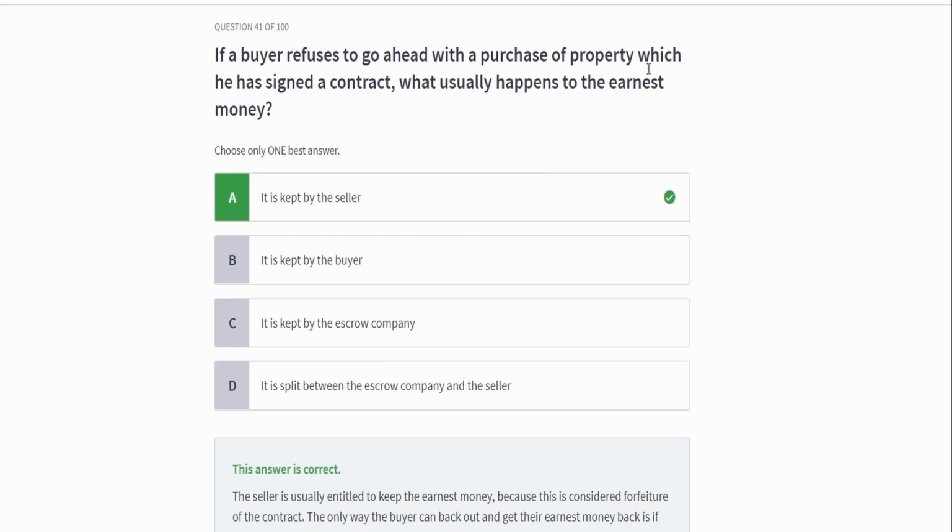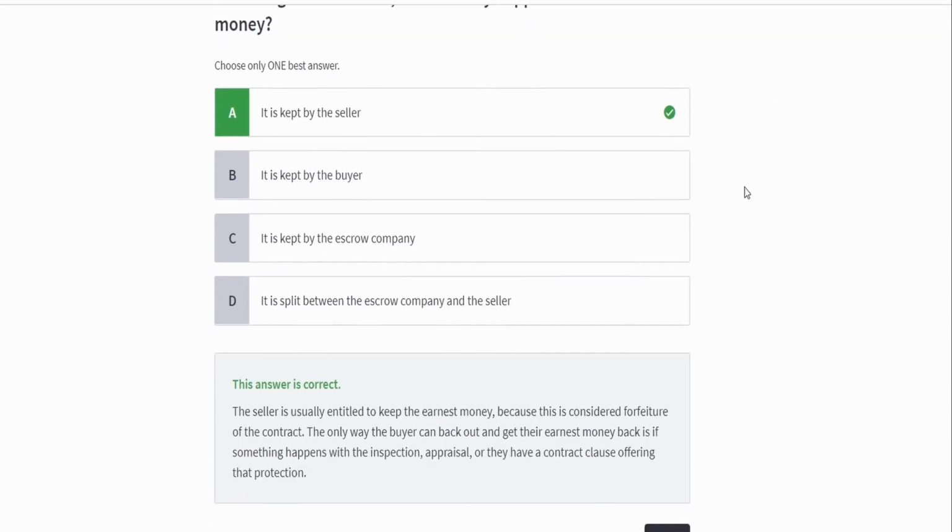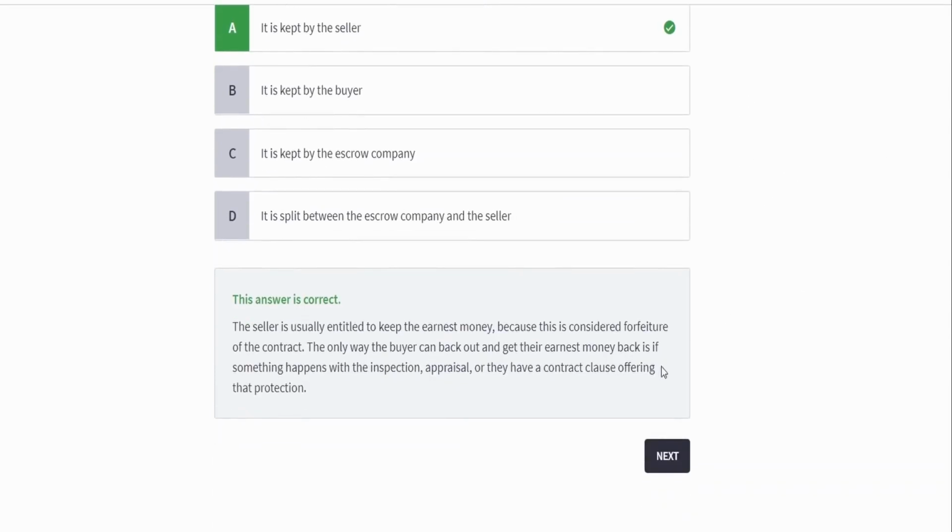Guess what, guys? It doesn't mention any of that in this problem. It just says a buyer refuses to go ahead with a purchase of property for which he has signed a contract. What usually happens to the earnest money? So usually in this instance, without the contract clause, without the inspections, appraisals, stuff like that, it is going to be kept by the seller. It's as simple as that.